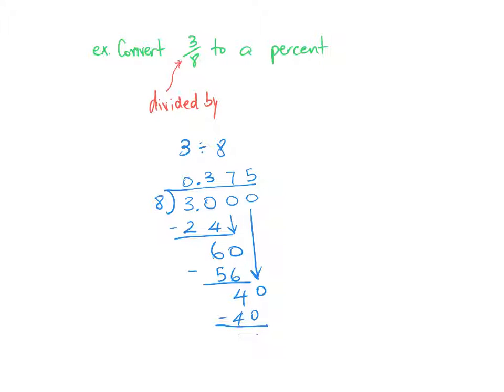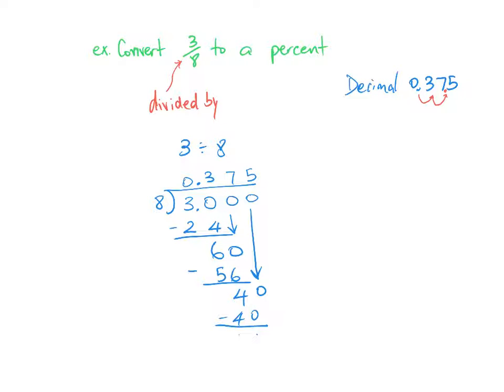So as a decimal, and that's not what the question is asking for, but as a decimal, 3/8 is 0.375. Now, in order to convert a decimal to a percent, you may recall from a previous lesson, we have to multiply the decimal by 100, or, same thing, move the decimal place 2 positions to the right in order to convert a decimal to a percent.